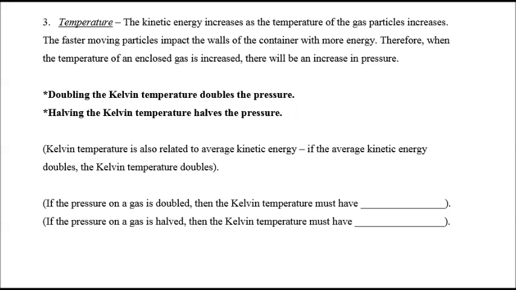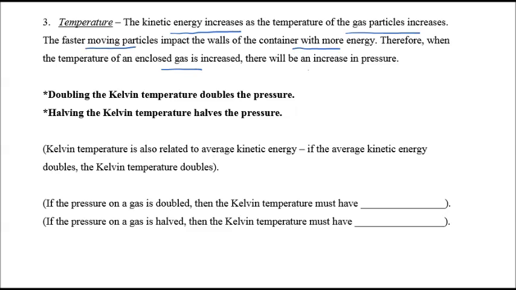The third factor that affects pressure is temperature. Temperature is a measure of average kinetic energy. So the kinetic energy increases as the temperature increases. The particles move faster, so they hit the side of the container with more energy.